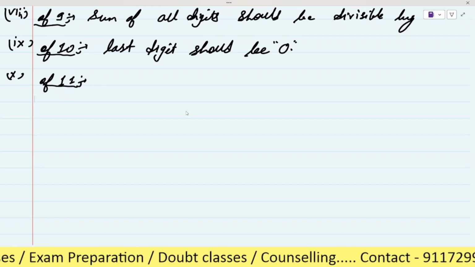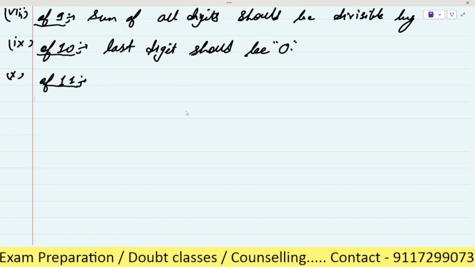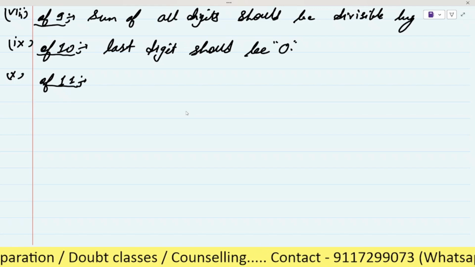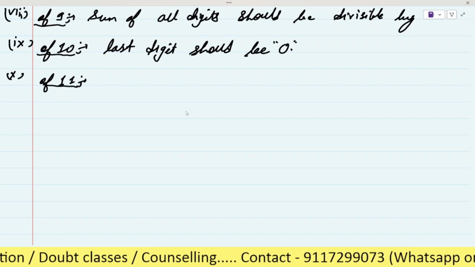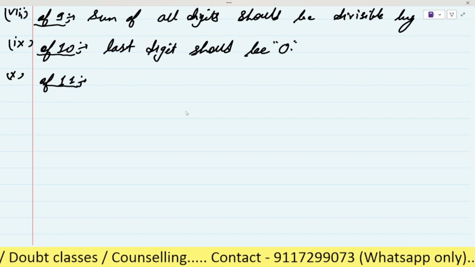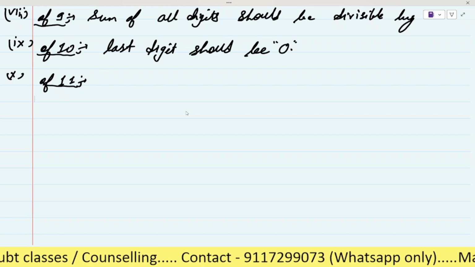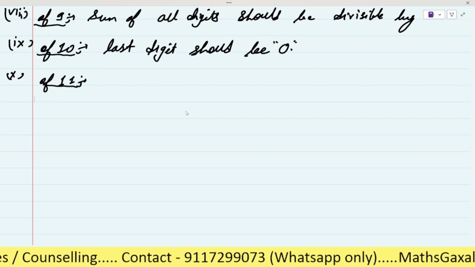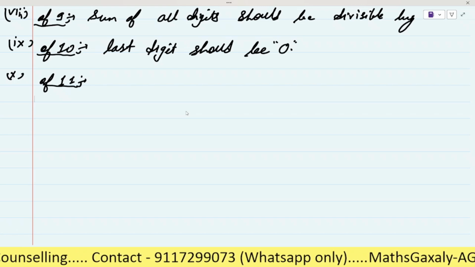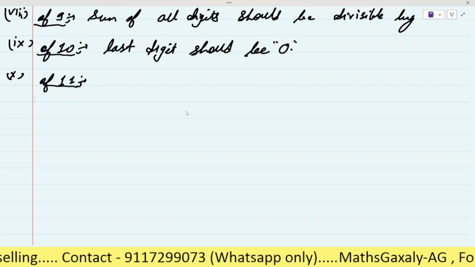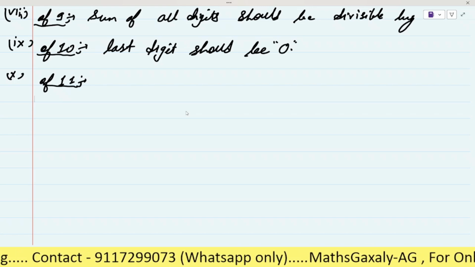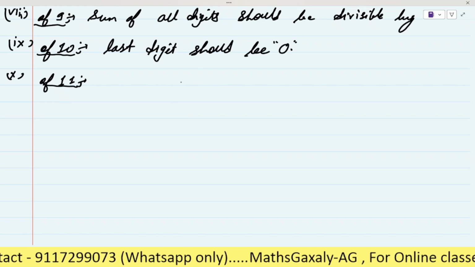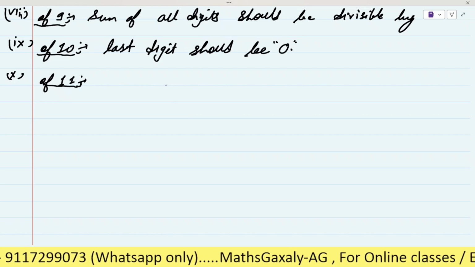If the difference of the sum of the digits in the odd places and even places is 0 or a multiple of 11, then the whole number will be divisible by 11, right? So you can note it down by yourself now. Do you want to see the example for it?